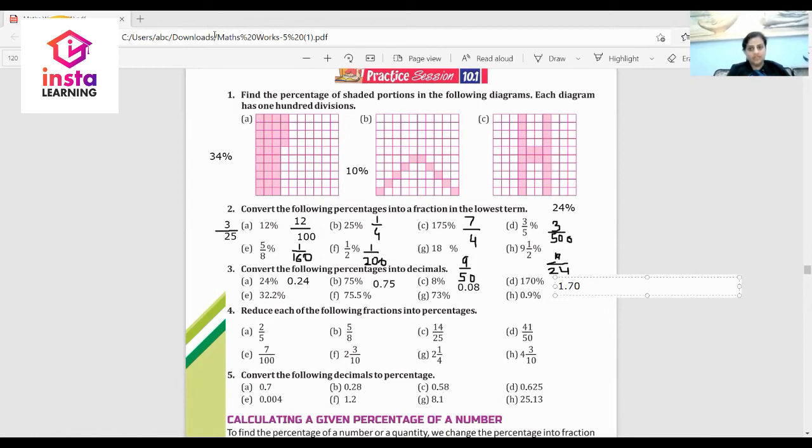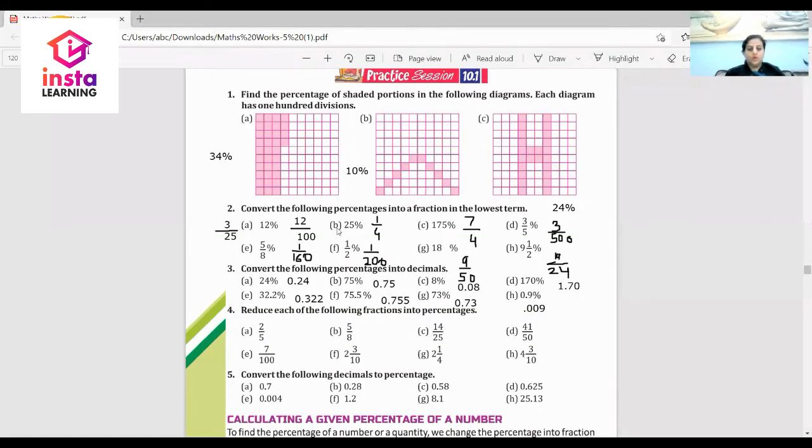Then what we are going to do is convert the following percentage into decimal. If we want to make it decimal, just put the dot two digits before. Okay, so here 0.24 is the answer, 0.75, 0.08 will be the answer, 1.70, 0.322, 0.755, 0.73, and this one, 0.009, is the answer of that number.